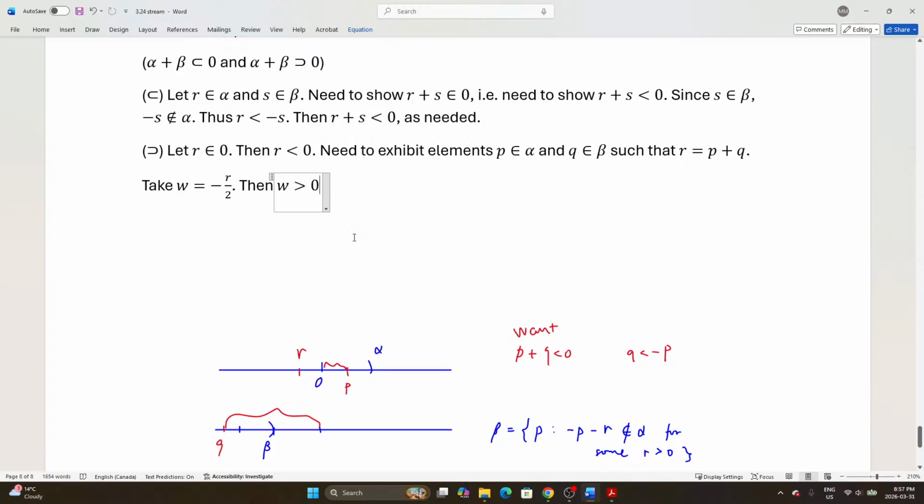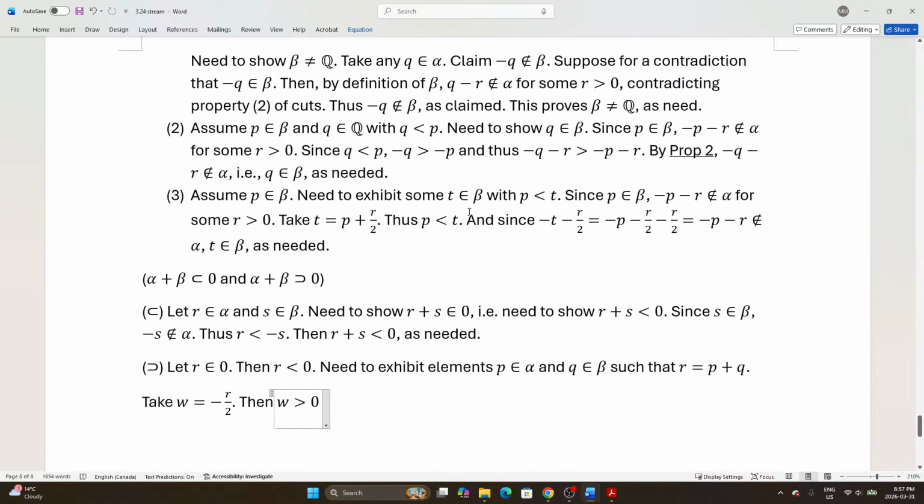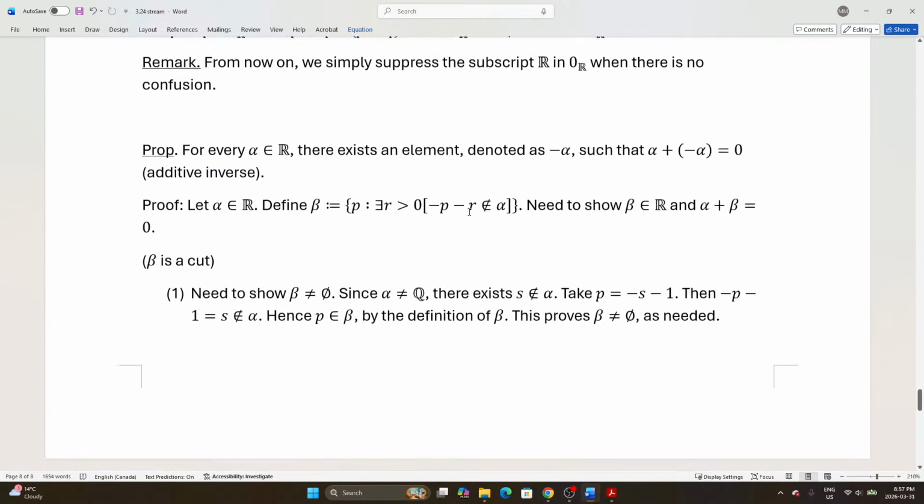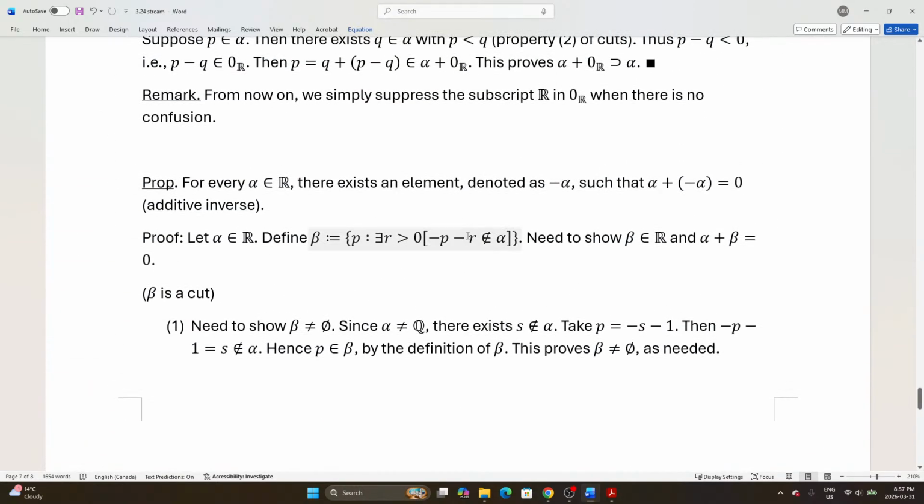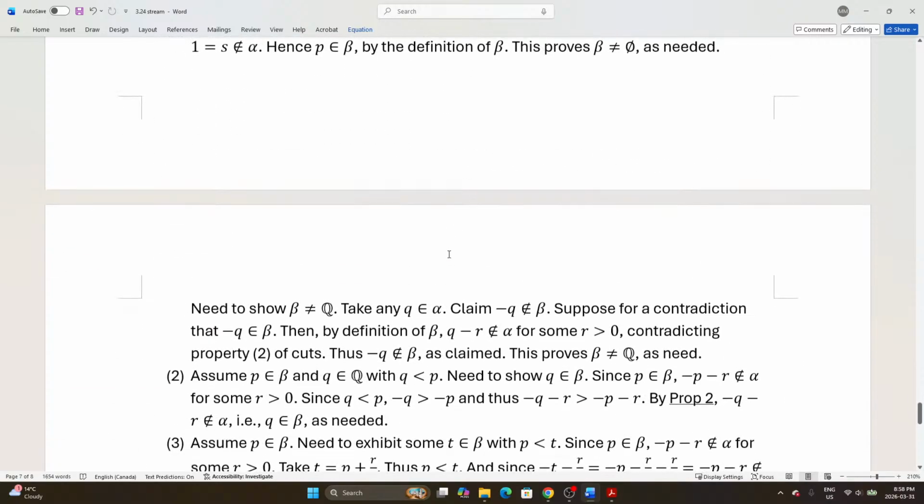How can we find something that is in alpha? Well, can we at least find something that is not in alpha? Because beta has something to do with something that's not in alpha. Hopefully we can work from there.